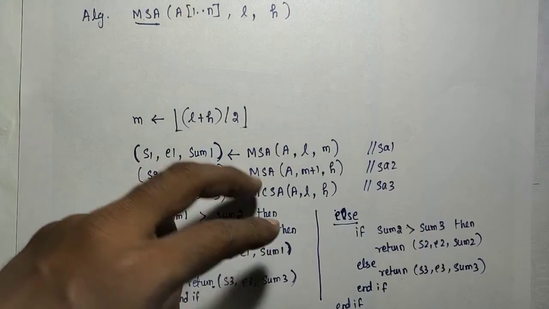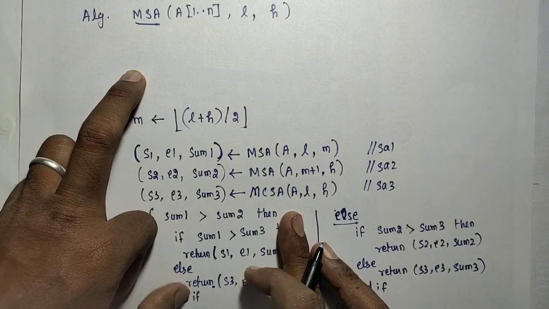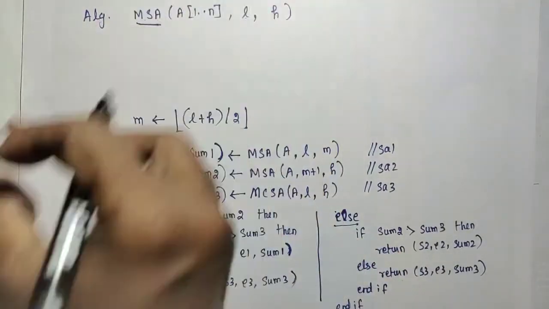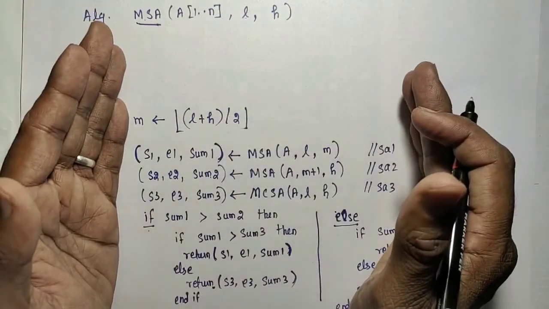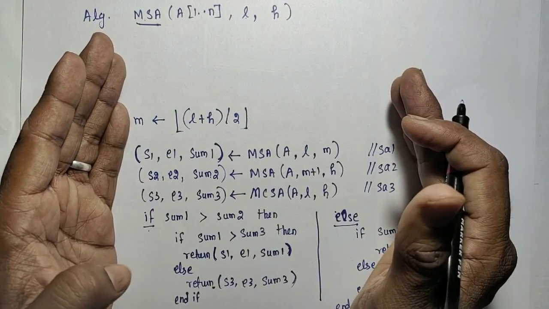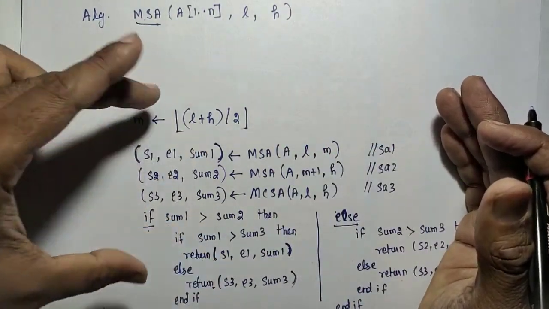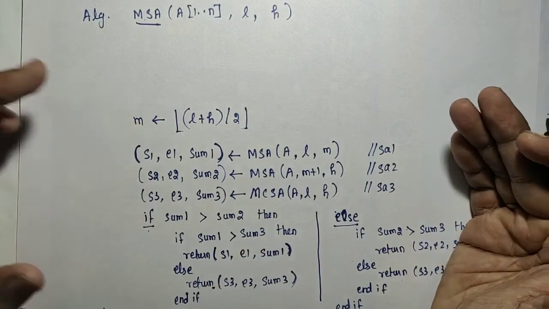So I need to say here, when the recursive call is not needed, when we need not execute this procedure, we have to set the base condition. It means when I have to stop this procedure. In another way, when the maximum subarray need not be found.